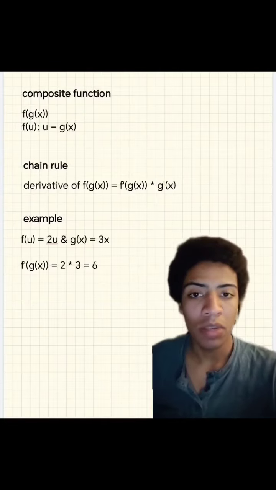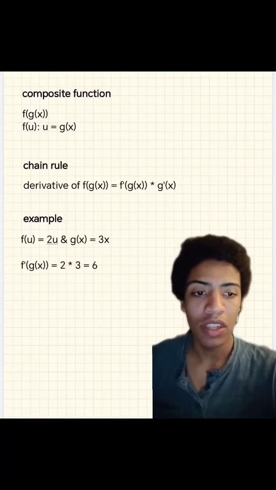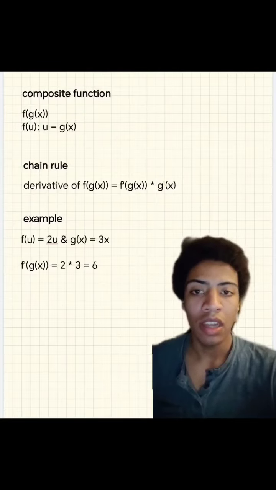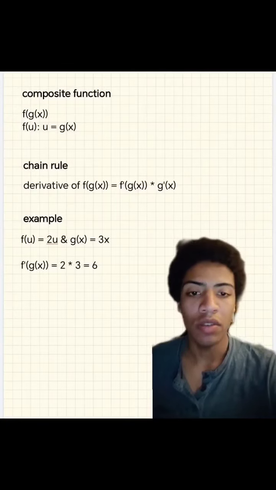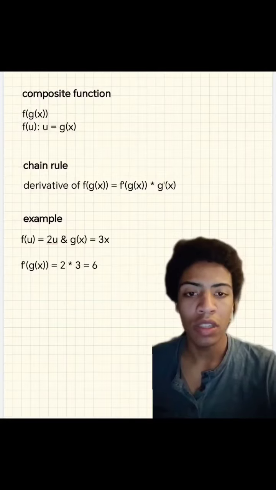First of all, what's a composite function? A composite function is a function that uses another function as a variable. A real life example of this could be, for example, an electric bike that, to motivate you to ride harder, only puts in as much energy as you do pedaling.